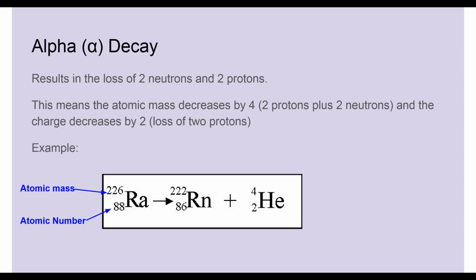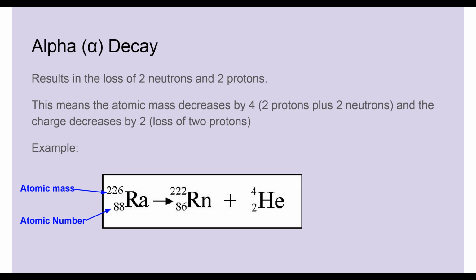So our example here is, remember, we have our atomic mass and we have our atomic number. That's what these are. We have what happens, so then this goes through alpha decay. And these equations, just like any of our past chemical reactions, have to be balanced, which means you'll notice this 222 is 4 less than this 226.